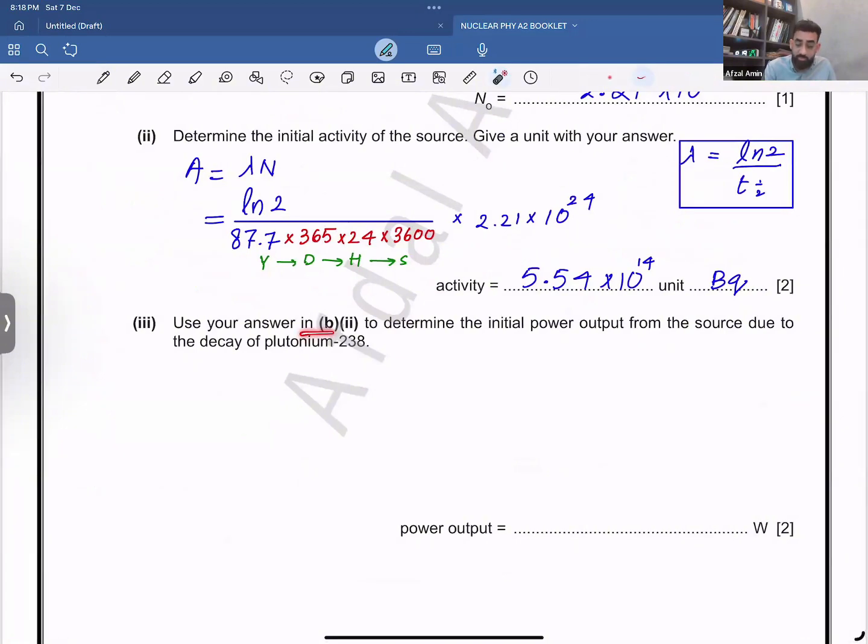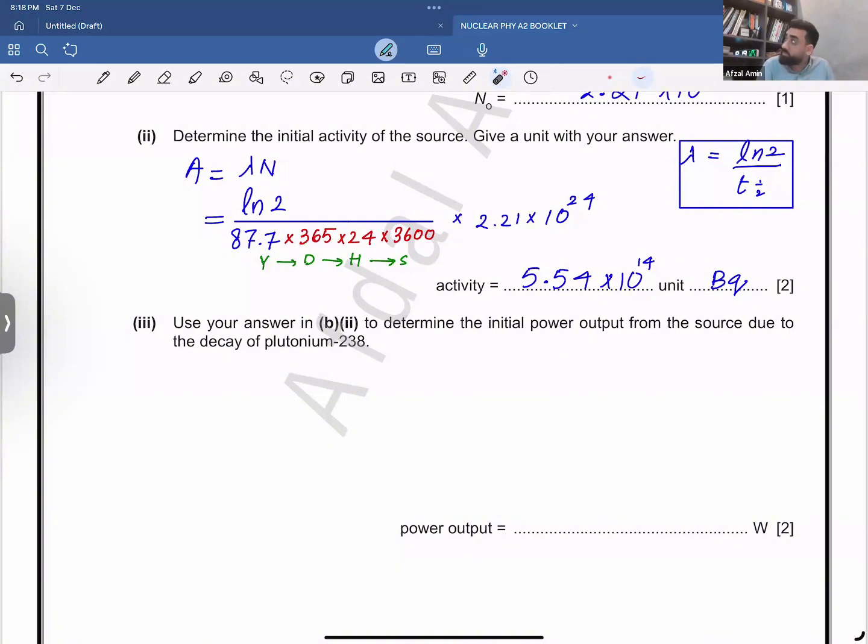Using the answer in B2, which is the activity, determine the initial power output of the source due to decay. Power is what? Energy divided by time.